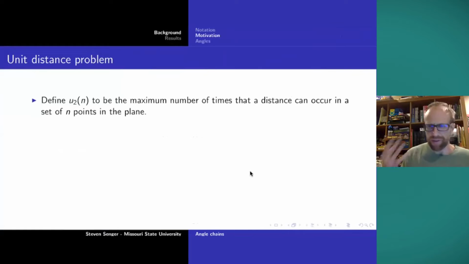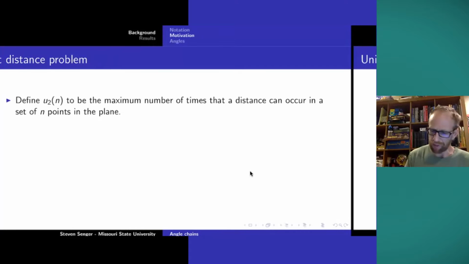So the unit distance problem: probably my favorite thing to think about in mathematics is the unit distance problem. I think about this problem every day. Posed by Erdős in 1946, one way to phrase the question is, if we define this quantity U2 of n, this asymptotic quantity, to be the maximum number of times that a distance can occur in a set of n points in the plane, then how big is that?